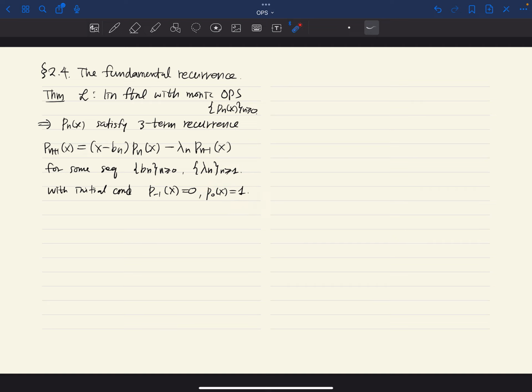Then if you plug in n equals 0, you get p_1, and then p_2, so we can get all the polynomials using this recurrence. With the additional condition that lambda_n is non-zero. So lambda_n must be non-zero here. b_n can be anything, but lambda_n is non-zero.